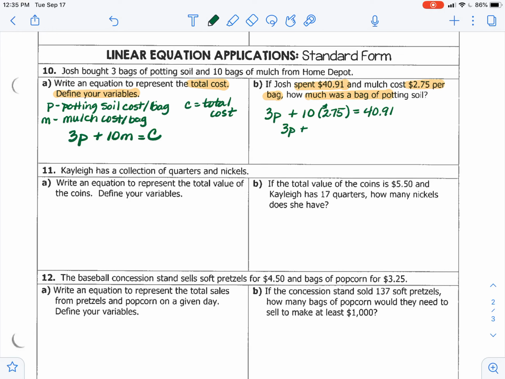I don't need my calculator for this because I can multiply by 10 in my head. Sorry, get my decimal in the right spot. Lost my decimal. Don't do that. Okay, and then go ahead and solve it.